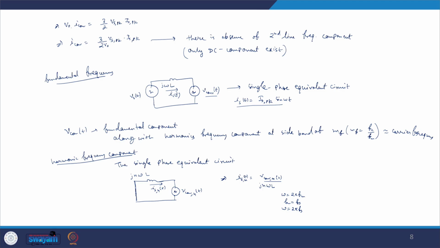frequency component. But in the case of a three phase converter, there is no second line harmonic component of current in the I converter current, and so there is no second line harmonic component of voltage ripple on the capacitor. It will only have a high frequency component of current.